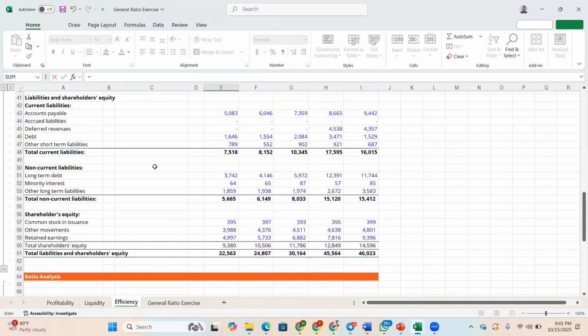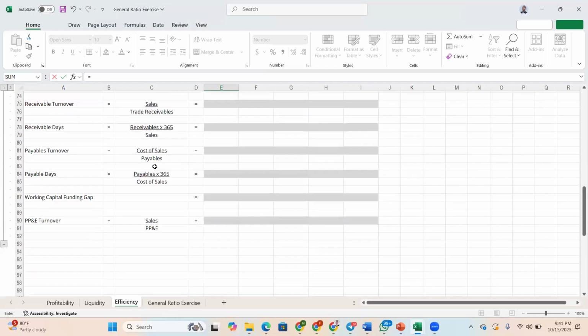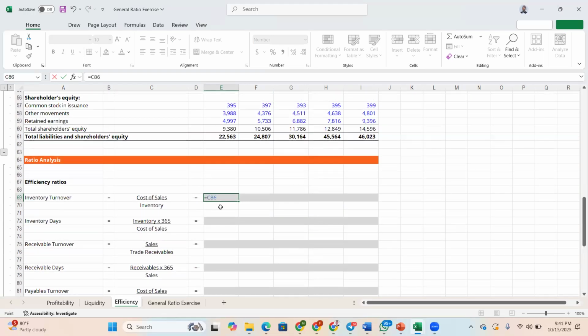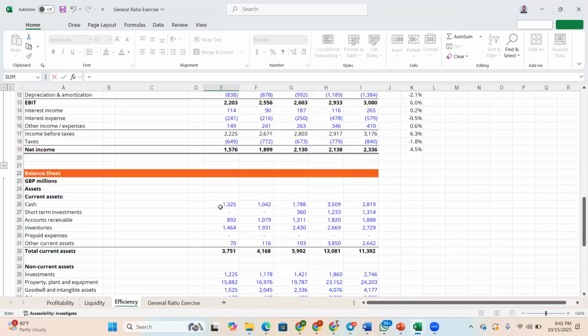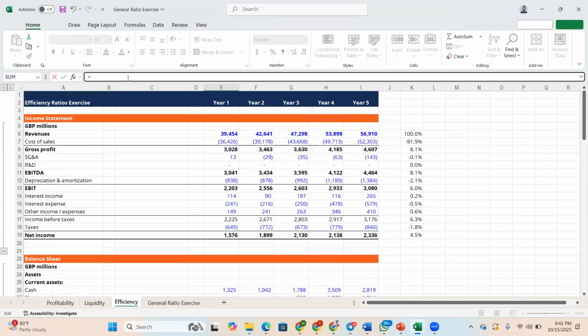So I say cost of sales. Where's my cost of sales? My cost of sales is up here. Okay, I'm going to use an absolute figure because my cost of sales here is showing negative. In Excel, you can use an absolute figure, so that you don't want the negative symbol to affect your formula.